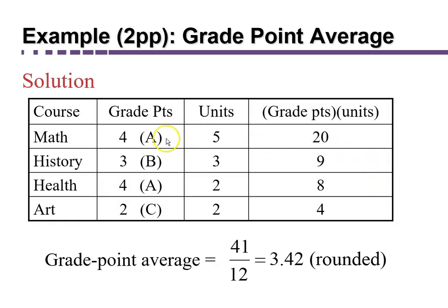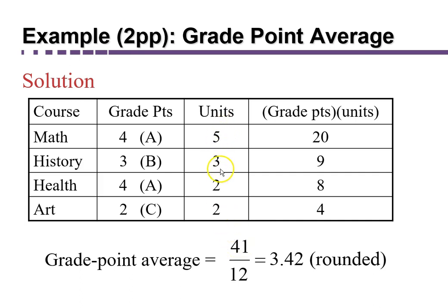Now, as you do the multiplication, 4 times 5 is 20. Here you're weighting the value of an A. 3 times 3 is 9. 4 times 2 is 8. And then 2 times 2 is 4. When you add up these points, you get now a sum, a sigma value, but that value is weighted, and that's 41.